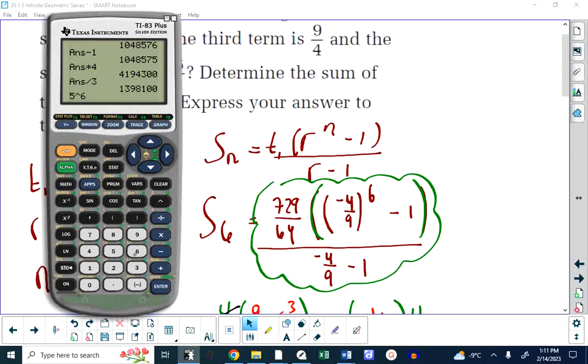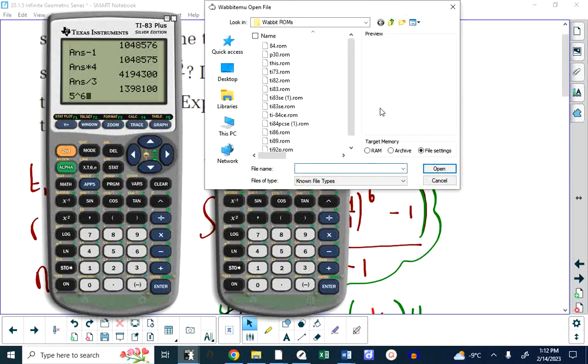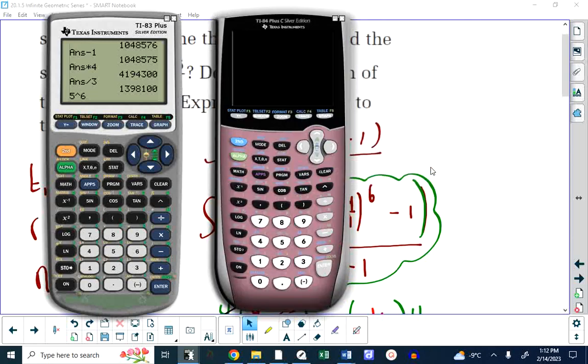You know why? Because you start typing and it pushes stuff off the screen and you can't see what you've written. Okay, just a word of advice. If your calculator is in that mode, let's say it's that one. Nope.